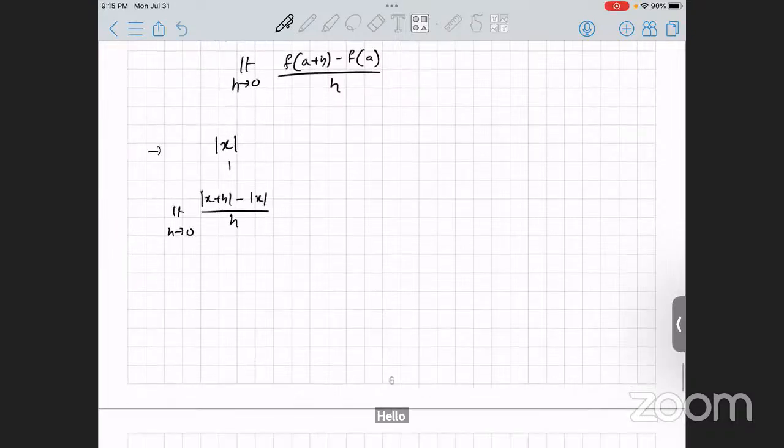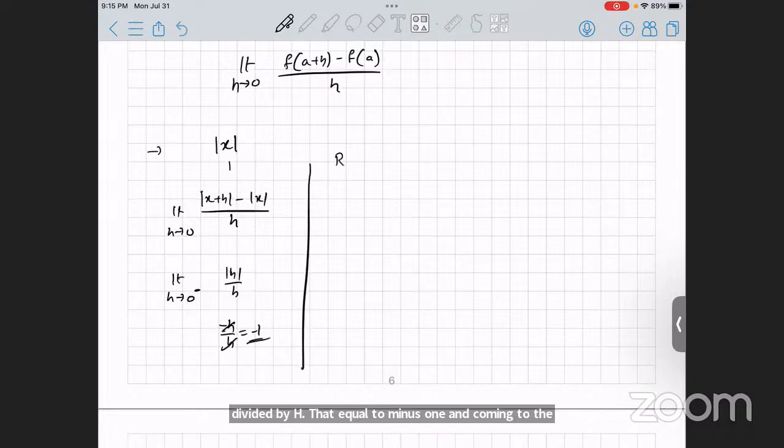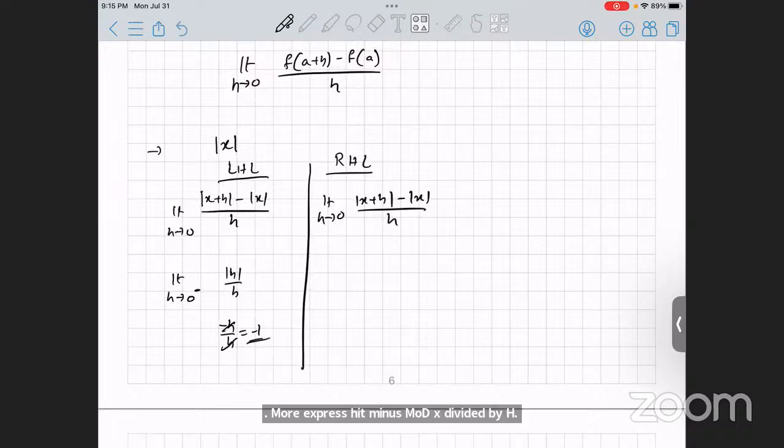If you take 0 minus, it means mod h by h, which is minus h divided by h, equal to minus 1. And coming to the right hand limit, RHL, the same thing: limit h tends to 0 plus mod h by h equals h by h, equal to 1.